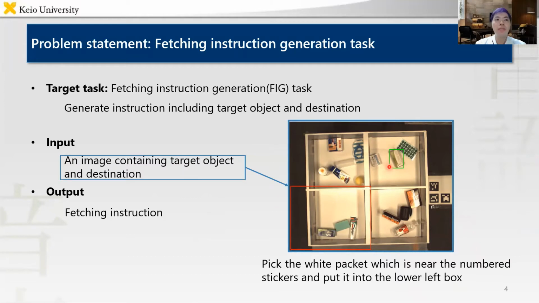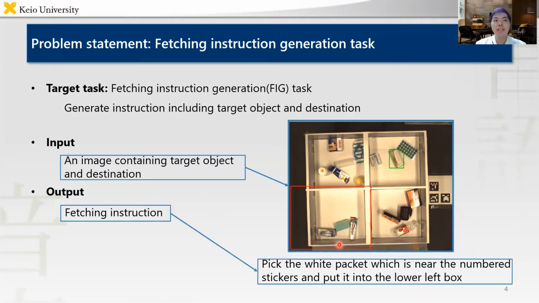Here, the target object is an everyday object that is to be grasped by the robot, and the destination is a moving direction for the target object. In addition, the output is an object fetching instruction sentence in which the target object and destination can be specified by reference expressions. In the next slide, I will show you the difficulty of this task.